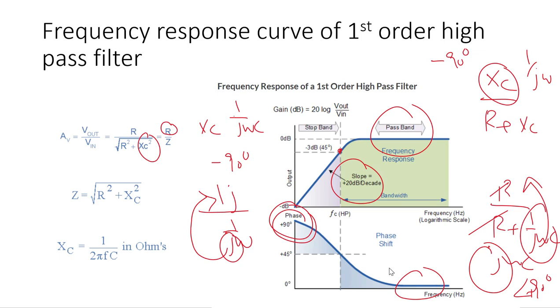So again, C always causes a 90 degree phase shift, but depending upon the voltage divider circuitry, where we are taking the voltage, it can be from minus 90 to 0, from 0 to minus 90, or from 90 to 0. This is what happens for capacitors and inductors.